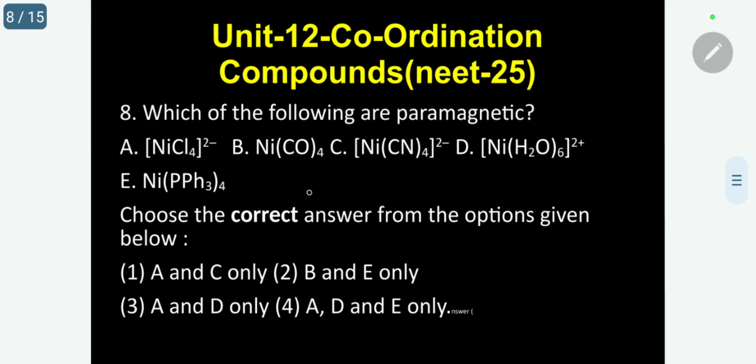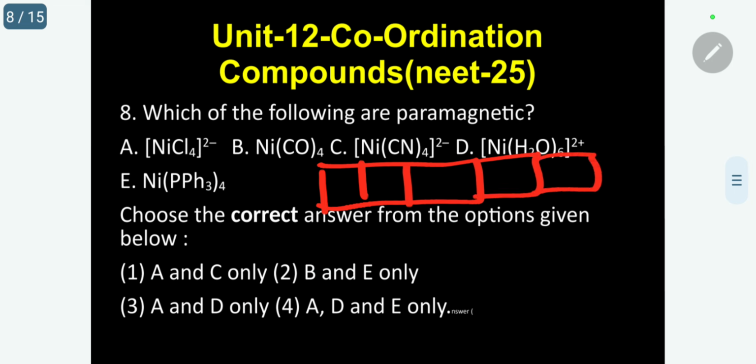Let me take again the electronic configuration of nickel: scandium, titanium, vanadium, chromium, manganese, iron, cobalt, nickel. That is nickel d8, 4s2.